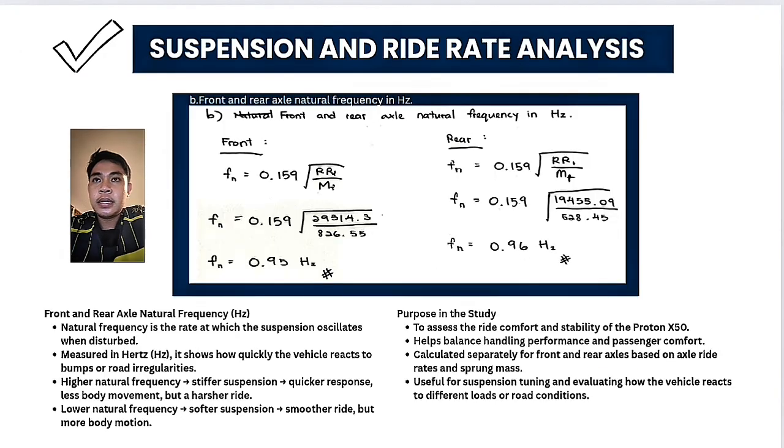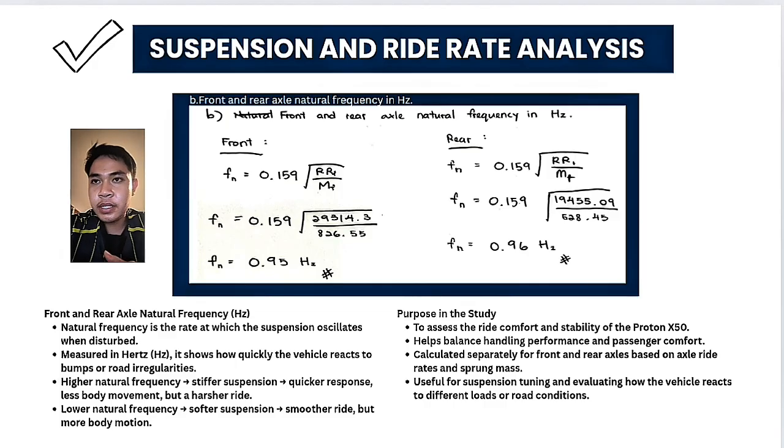Next is front and rear axle natural frequency, in hertz. Natural frequency is the rate at which suspension oscillates when disturbed. Measured in hertz, it shows how quickly the vehicle reacts to bumps or road irregularities.